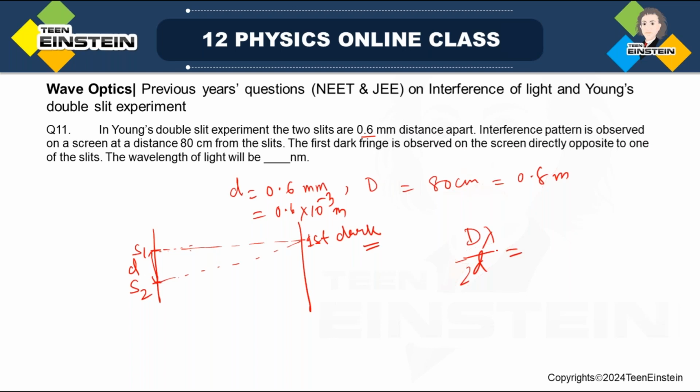For dark fringes, there will be odd multiples of lambda by 2. So this will be actually equal to d squared by 2D. So if you do this now, lambda is equal to d squared by D.